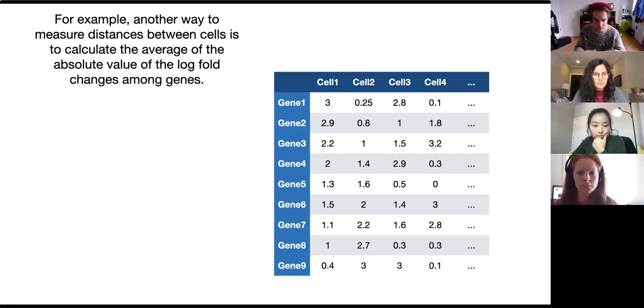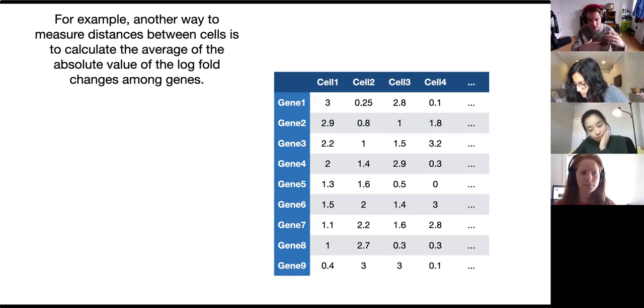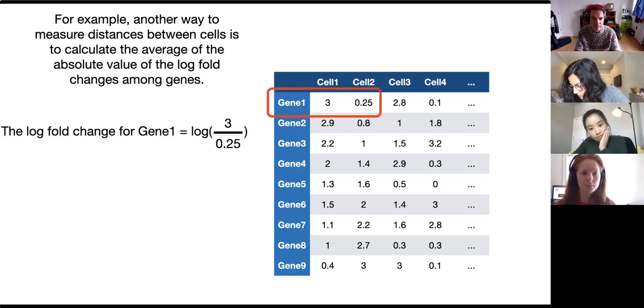We want to see what's the difference in how a gene behaves in different situations, and we'll say, oh, this gene had a log fold change of 2 or something like that. That's how we often talk about changes.